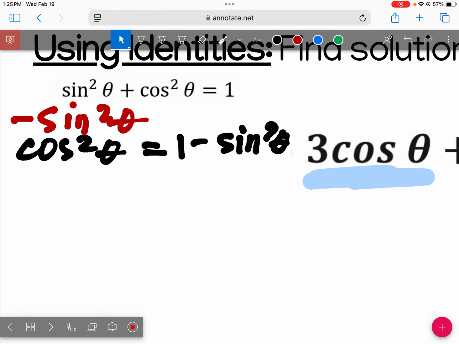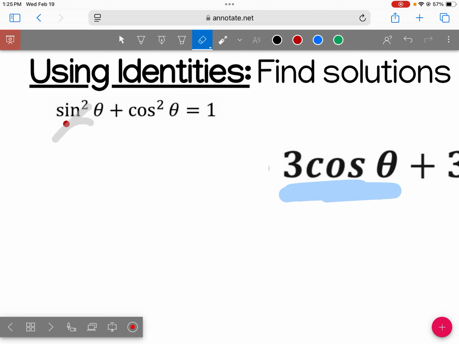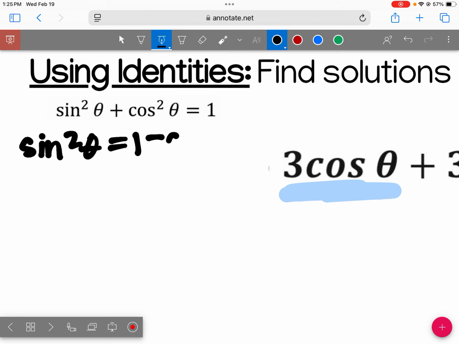Oh wait, I think I see your confusion. I subtracted the wrong thing. Yeah, it should be cosine equal. No, it should be sine equal. Wait, so why are you...? I was just about to say, I thought we were moving the one that was squared.